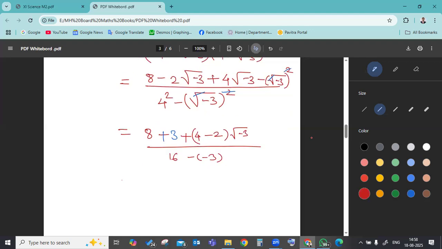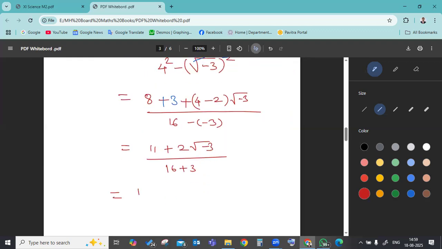So this becomes 8 plus 3, 11, plus 2 root -3 upon 16 plus 3, which becomes 19. It is (11 + 2 root -3)/19, right?